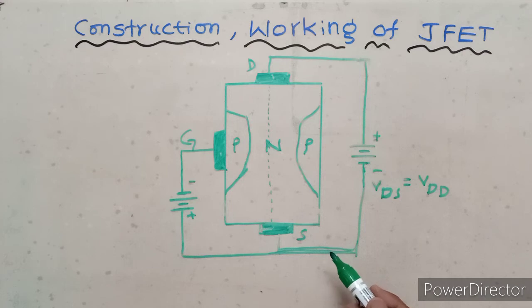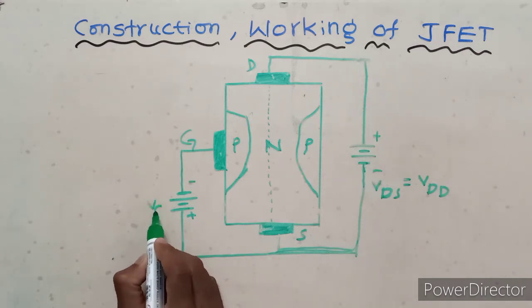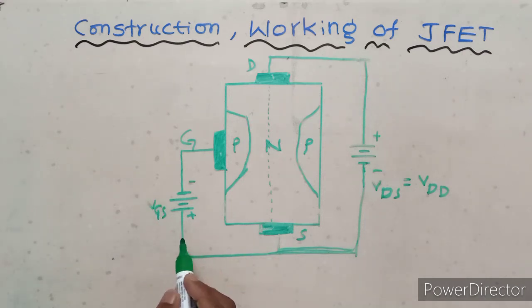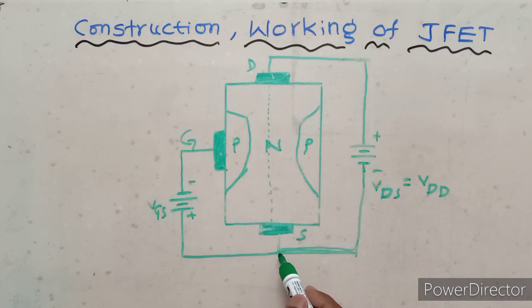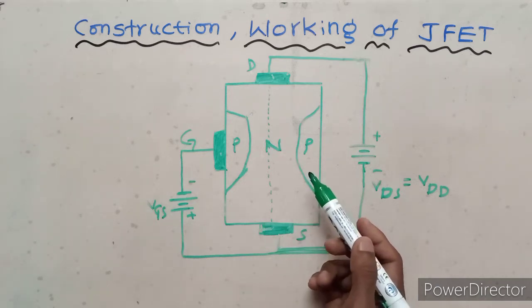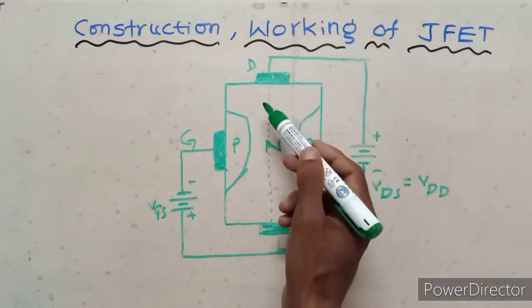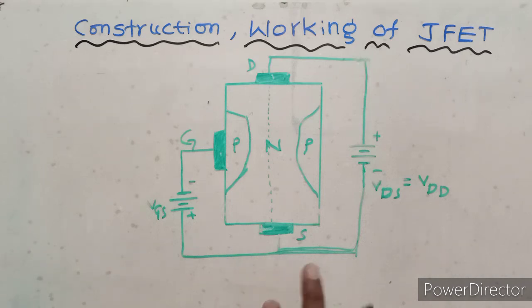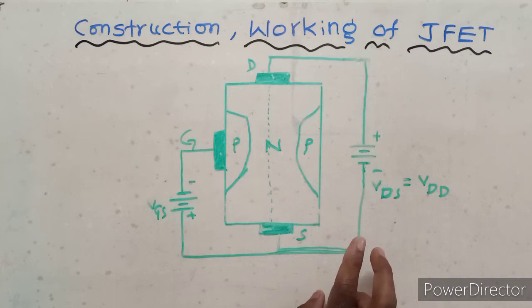The voltage VGS, from gate to source, determines the drain current for a given drain to source voltage. Here there are two voltages.